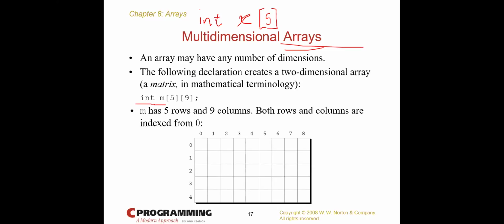This is the meaning of that. For this array, it's going to look something like this. It's going to have space for 5 items: 1, 2, 3, 4, 5.